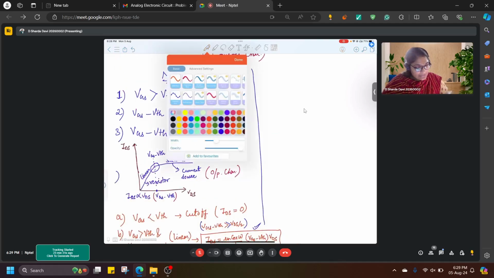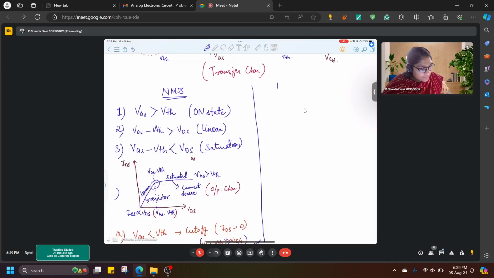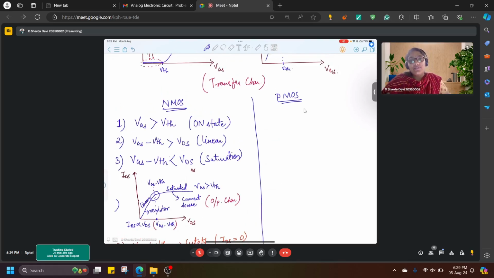Now, in the similar fashion, we will have the equations for PMOS. Now here we know that in case of NMOS, if we apply VGS as positive, then for PMOS it will be the opposite side. That means VGS should be negative, so VSG would be positive in our case. So here VSG should be greater than mod of VTH.